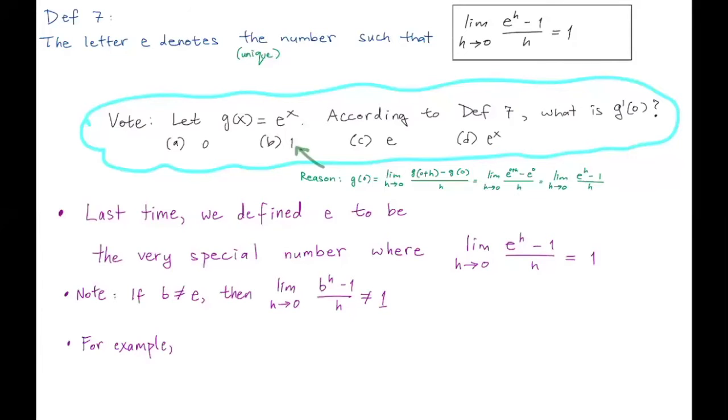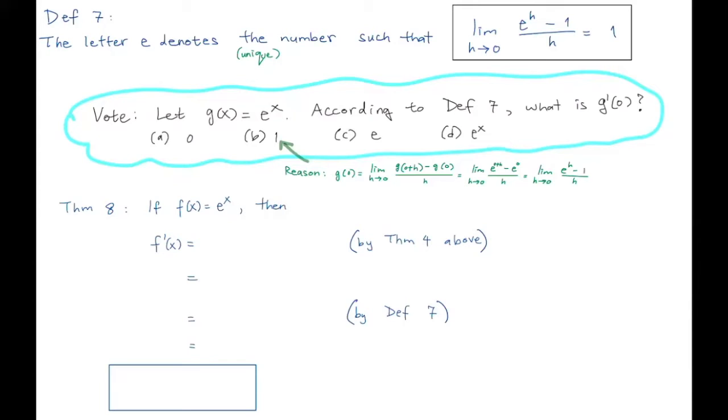For example, let's take b to be 2. So I have (2^h - 1)/h, and I take the limit as h approaches 0. This is not going to be 1, but this is something that we will compute later.